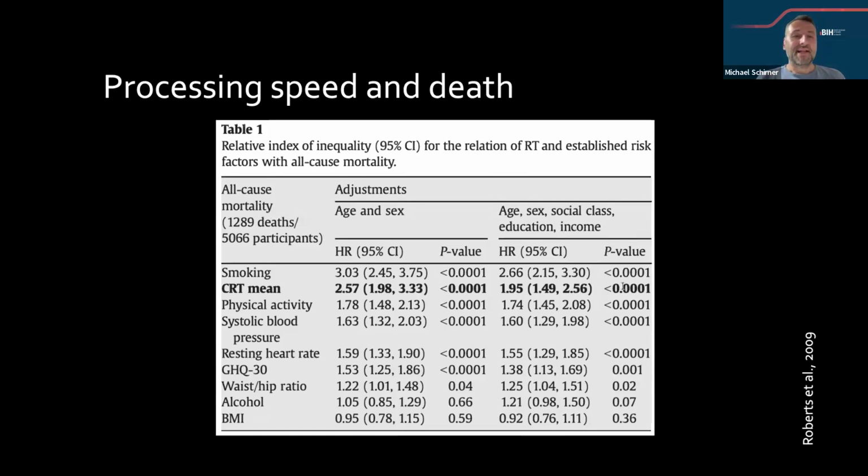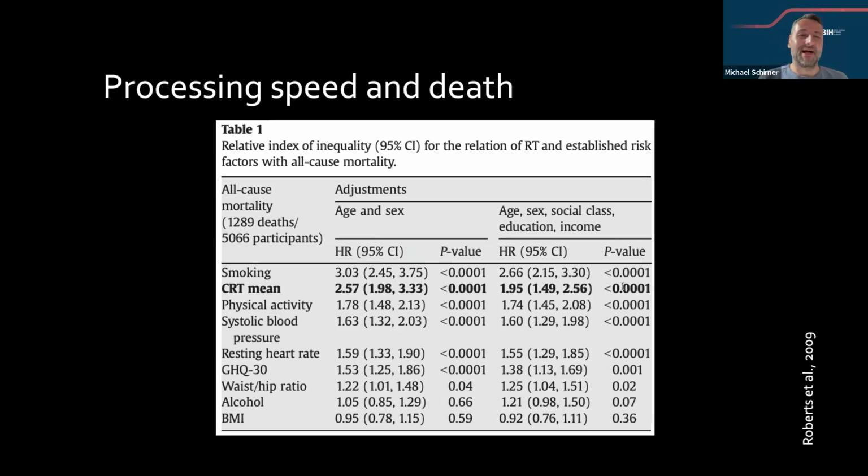So when we create such models and look at the explanation of causes of death, in studies where a lot of biomarkers and behavioral metrics are collected from people, then the strongest association, or rather the second strongest association, is reaction time.